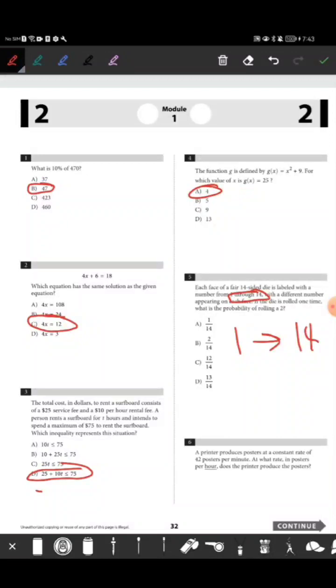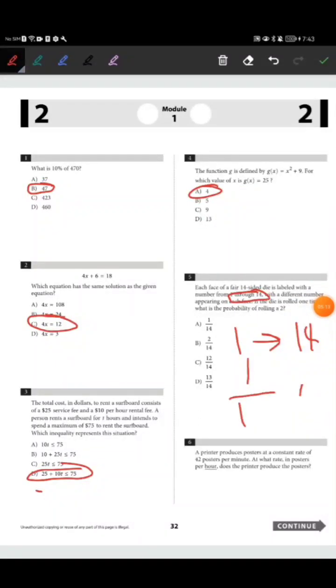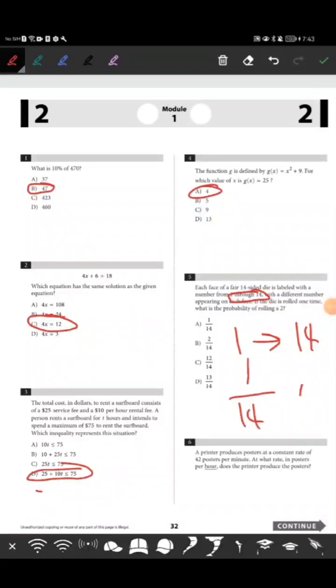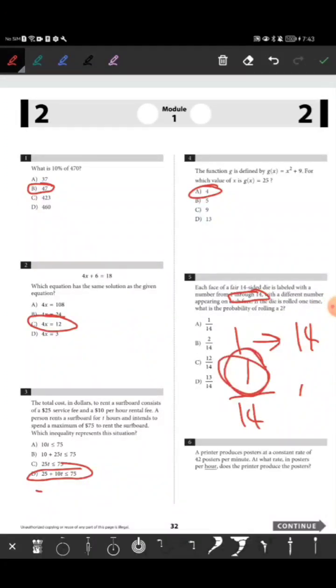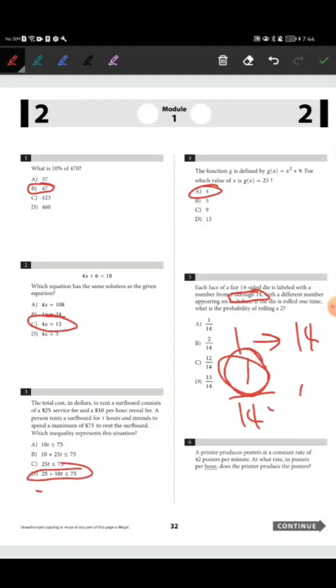So if the die is rolled one time, the probability of rolling a 2 would be 1/14, because the number 2 occurs once throughout the whole die, and there are 14 numbers in total. So the answer is 1/14.